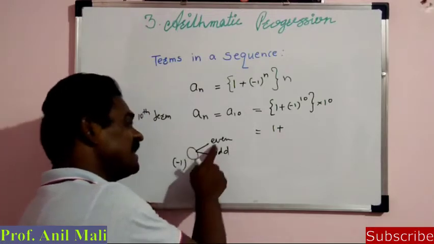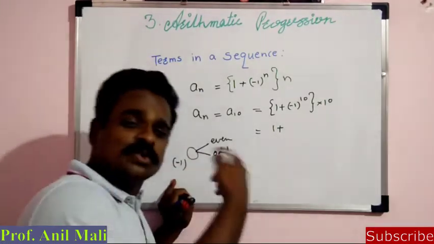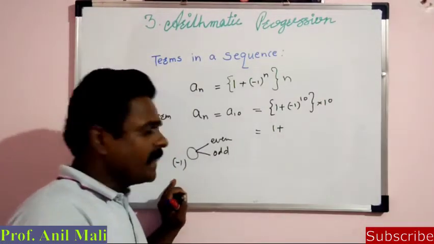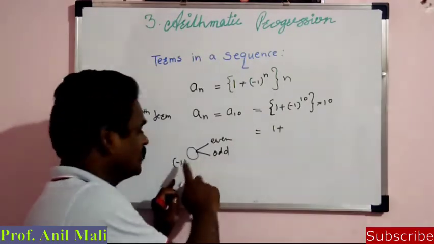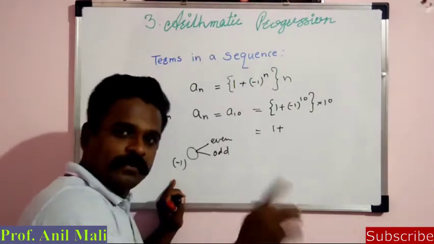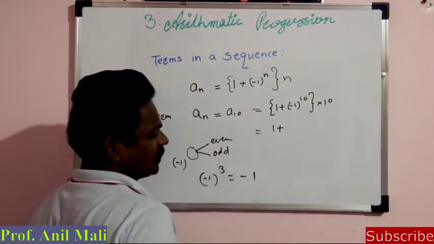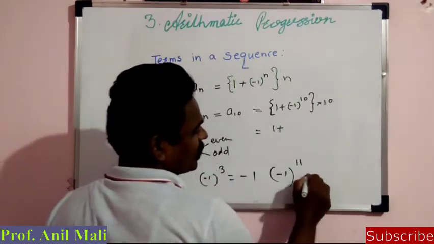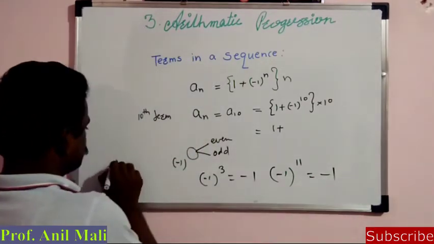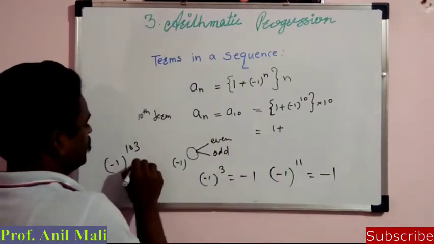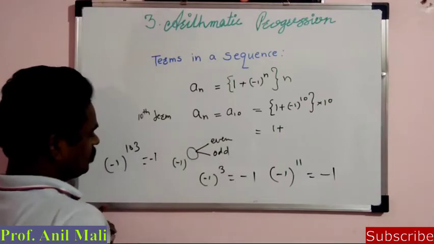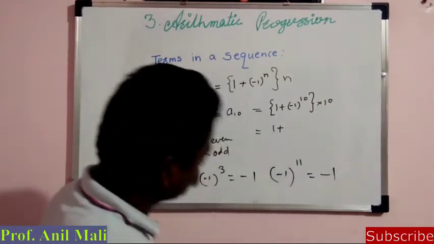If the index is an even number, then minus 1 raised to an even number is plus 1. And if the index is odd, then minus 1 raised to odd will be minus 1. That means minus 1 raised to 3 is minus 1, minus 1 raised to 11 is minus 1, minus 1 raised to 103 is minus 1.